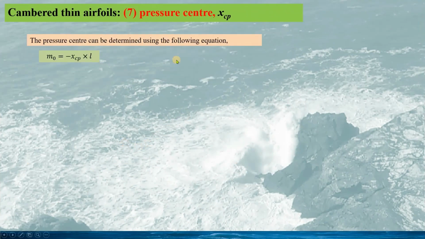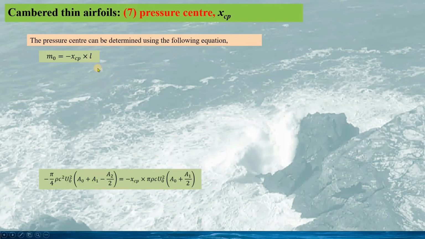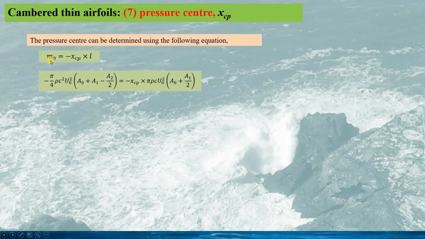The pressure center x_CP can be determined using this equation. And if we substitute M0 and L into this equation, we have the expression as this.